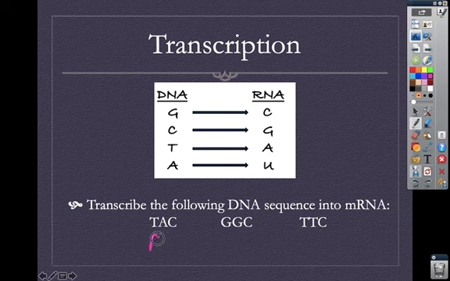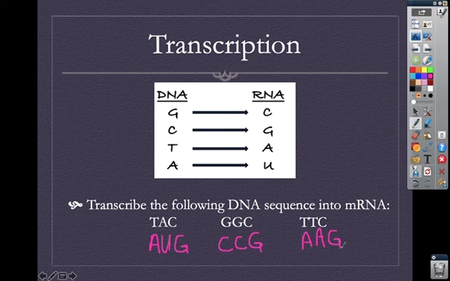T would pair with A, A would pair with U, C would pair with G. And if you get lost, just go back up here to your chart and see what does it code for. G pairs with C, G pairs with C, C pairs with G. Okay. In our last sequence of DNA, T pairs with A, T pairs with A, C pairs with G.